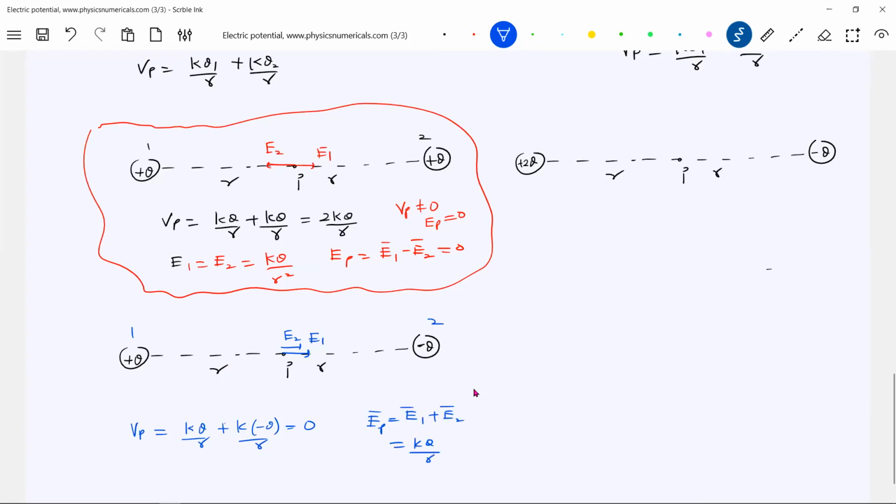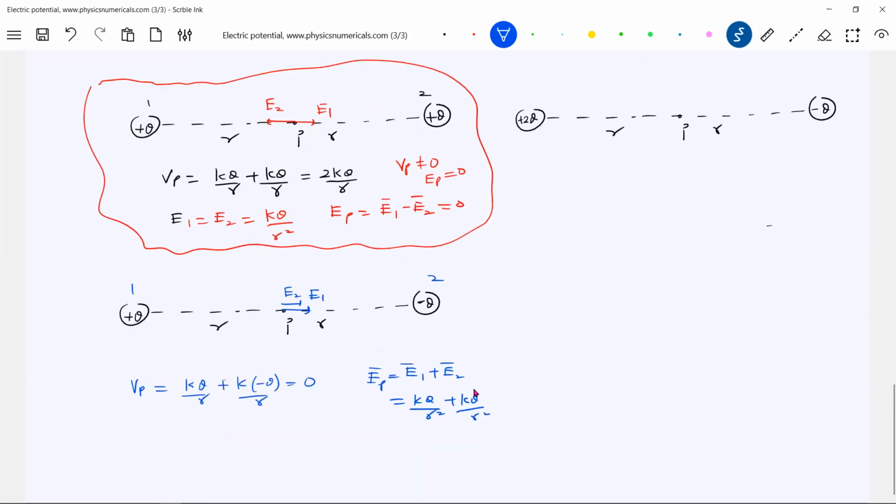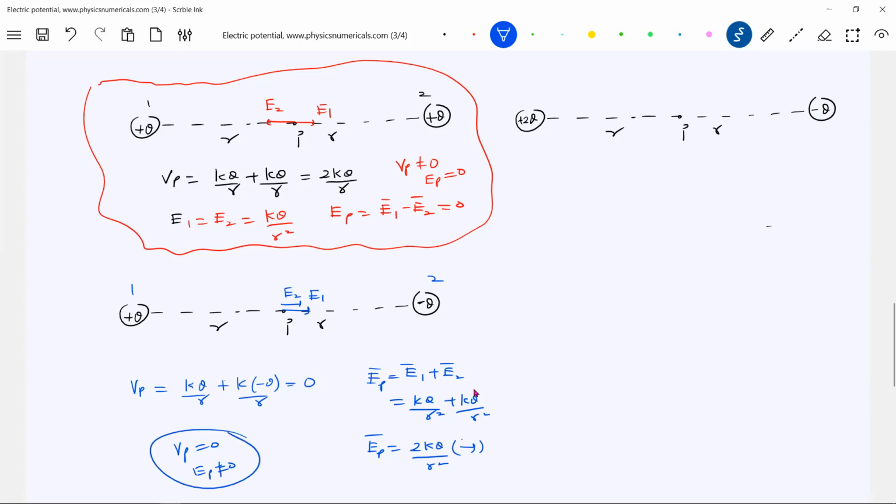Both will be directed in the same direction. So what is the resultant field? 2KQ by R square, directed towards right. Look at here, potential is 0. Electric field strength is non-zero. Possible, no? So it can.